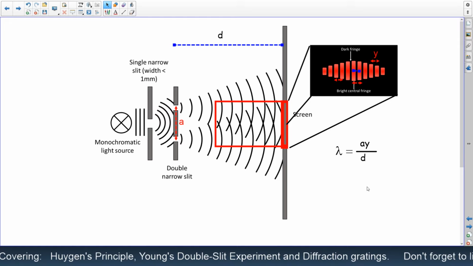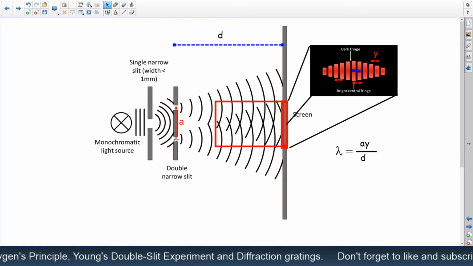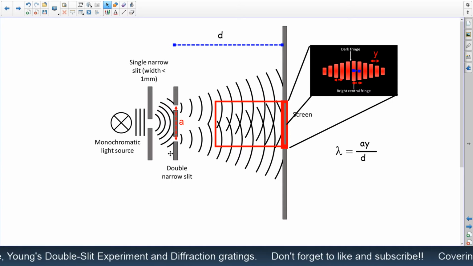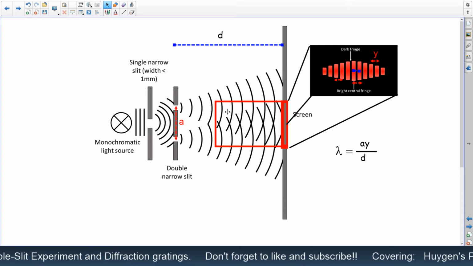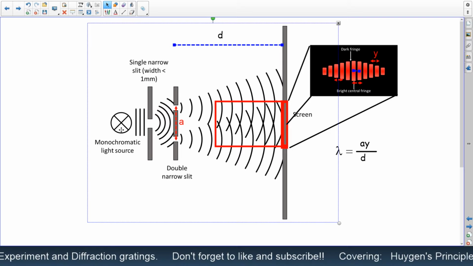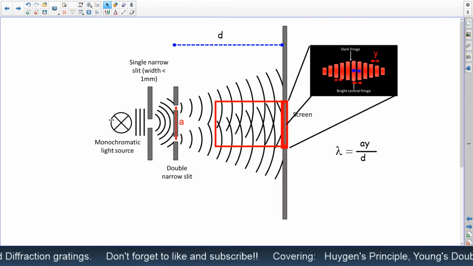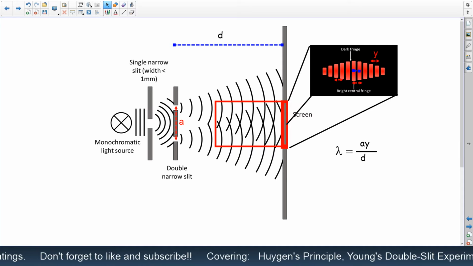And we can use this because we can measure the distance between these two slits in the lab. We can measure the distance Y with a ruler on a screen, and we can measure the distance D, which allows us to get an accurate and sensible value for the wavelength of the light source here. And that's important because once you can get the wavelength of things, you've got their color.